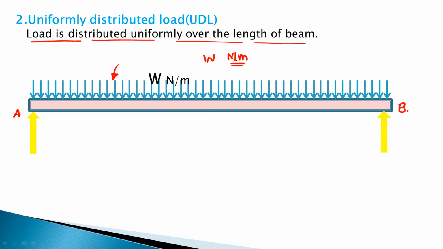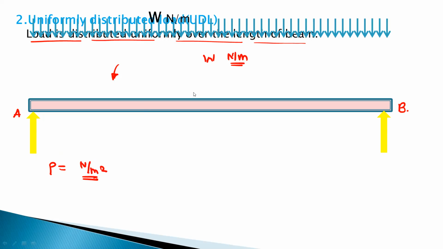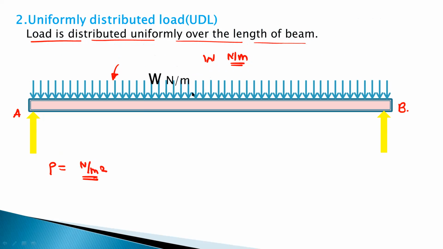So it is similar to the pressure force. Pressure has the unit Newton per meter square. We use pressure when the force is distributed over an area, and if the force is distributed over the length, we use the unit Newton per meter. So this is the load application for the UDL.